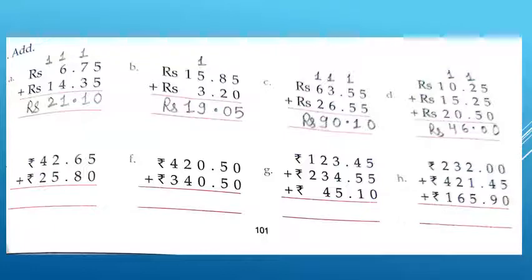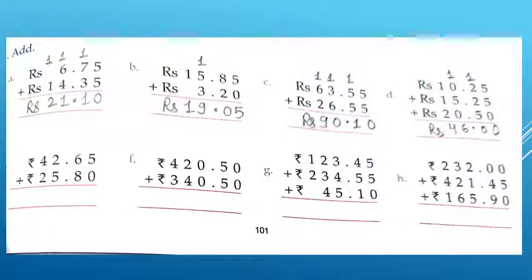Now B part. Here you have to add 15.85 and rupees 3.20. First we add 5 and 0. So 5 plus 0 is 5. Write 5 there. Now children, 8 plus 2 is 10. So write 0 there and 1 is carry.